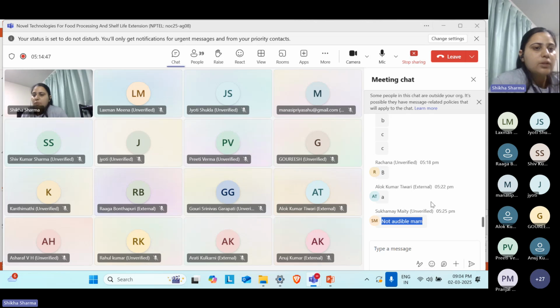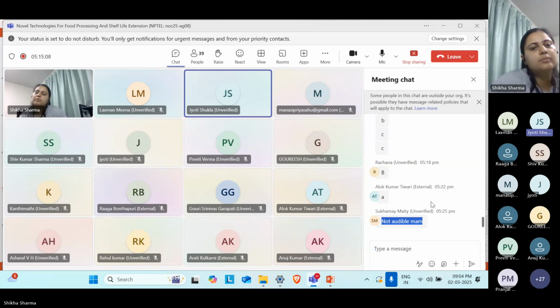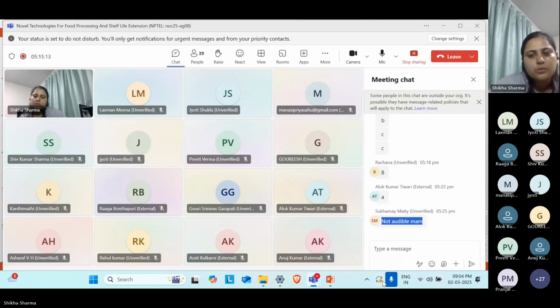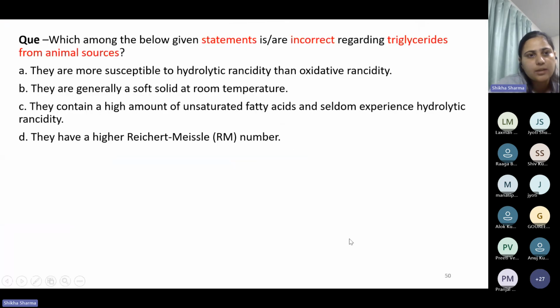Then what does the RM value measure, and what doesn't Polenske? They are kind of opposite. The RM value is the amount used to neutralize the soluble volatile fatty acids. Let's discuss this first and then we will solve this question.